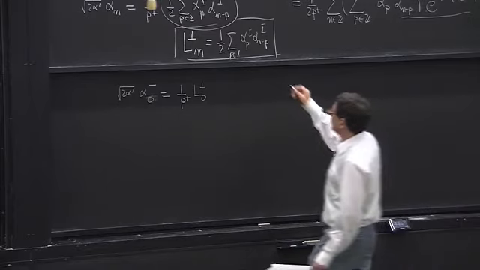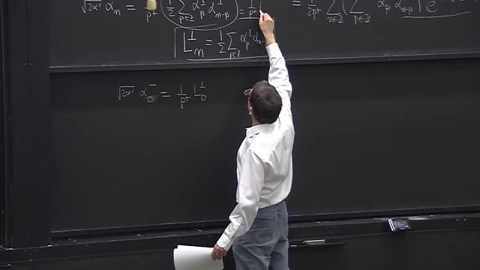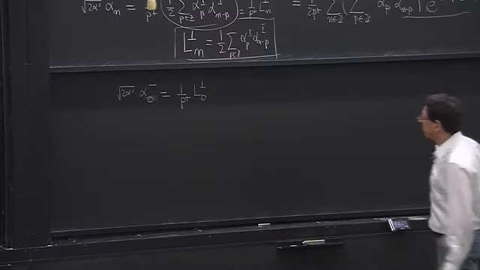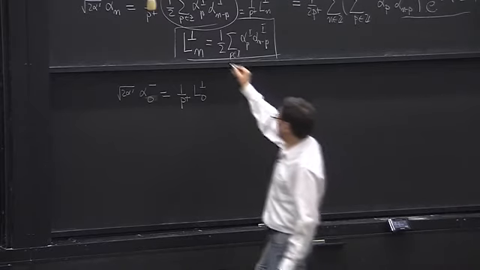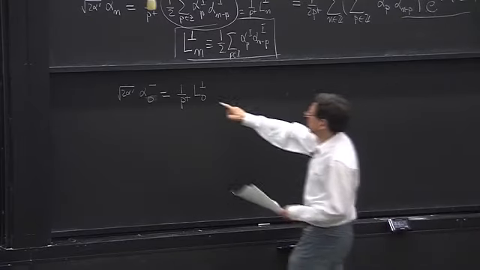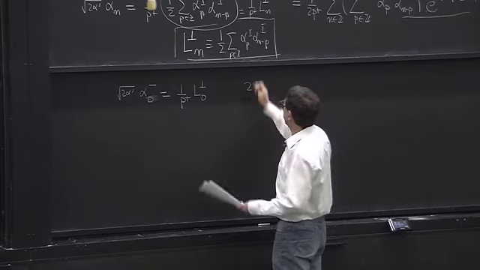So this equation should also be written 1 over p^+ L_n^perp, because this is a definition. So from here, L_0^perp.